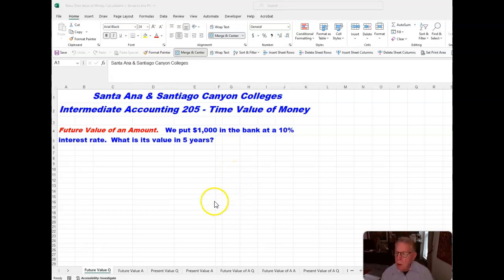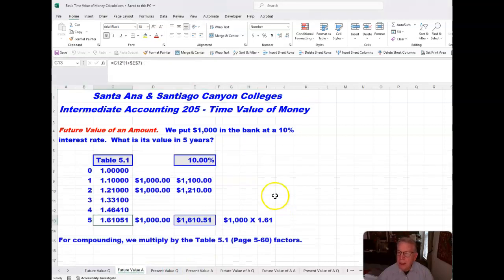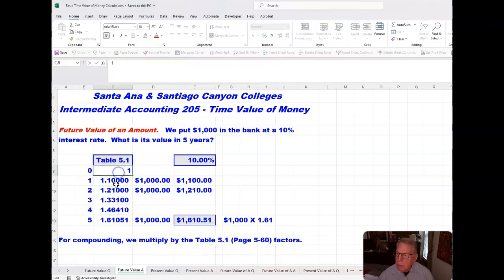Here, we put $1,000 in the bank at 10% interest rate. What's its value in 5 years? How would we calculate that? Well, here we would look in table 5.1 on page 5-60, and you're going to see these values here.